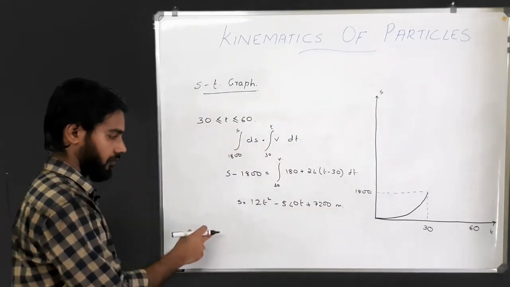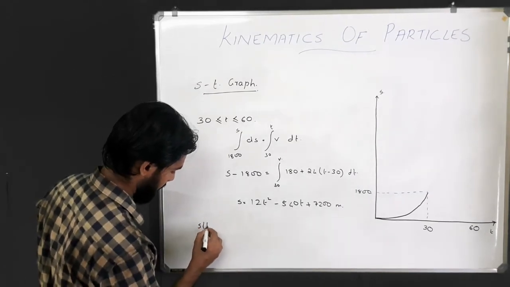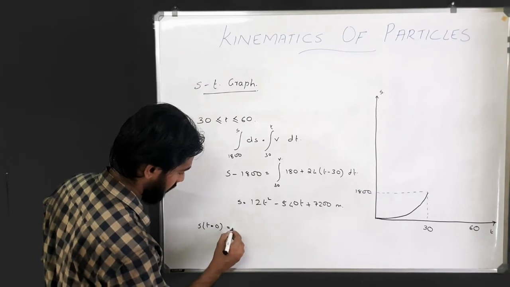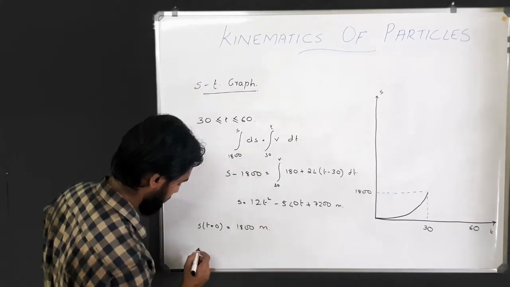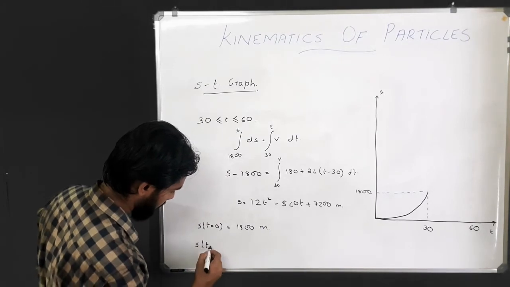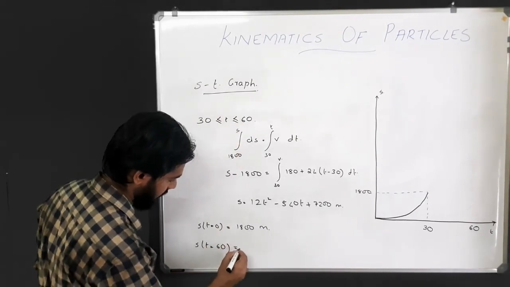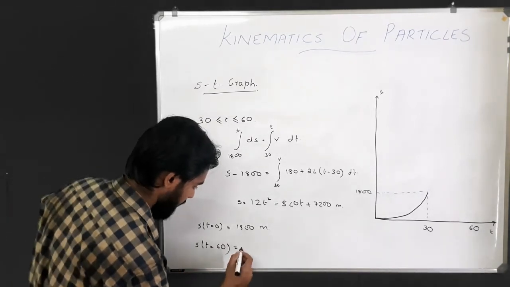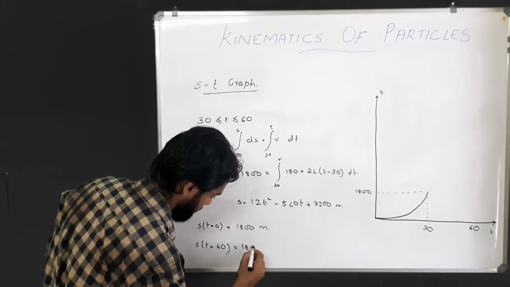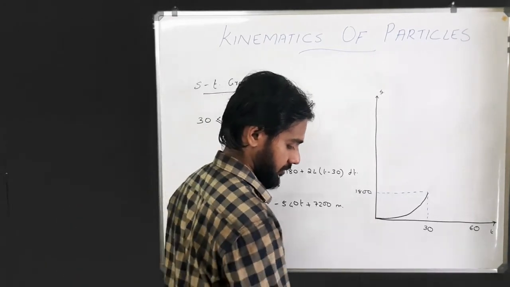Now if I substitute the value at t equals 30, I will get 1800 meters. I substitute the value at the final end, t equals 60. Now if I substitute here, I think I will get the value of 18000 meters, almost 10 times.